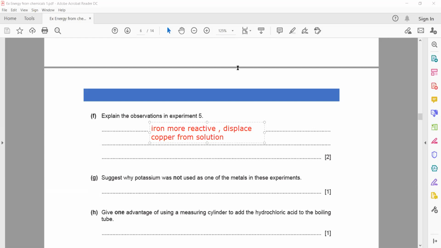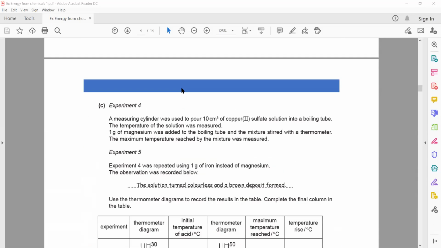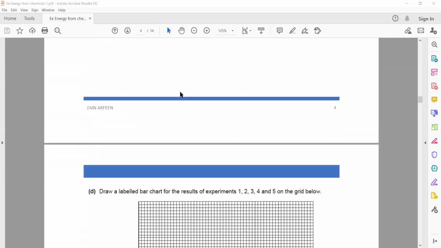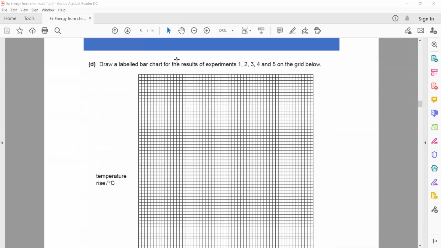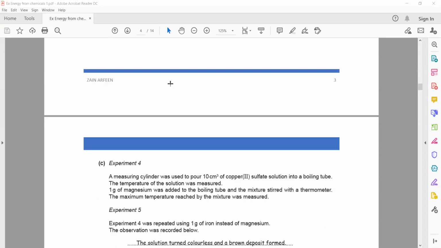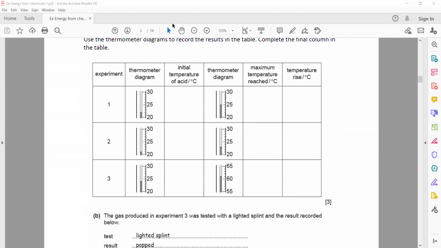Question 4, part D. Draw and label a bar chart for the results of experiments 1, 2, 3, 4, 5. So the temperature changes are there. The temperature rise, because here the temperature was 22 initially, the final is 25, and the temperature change was 3.